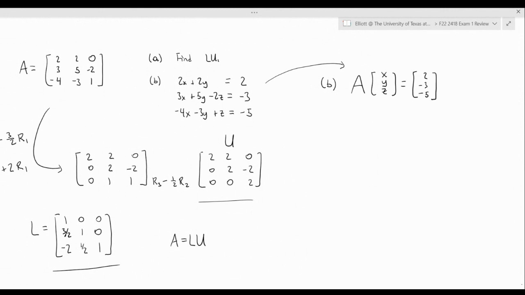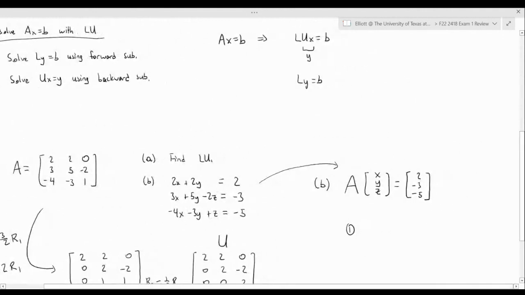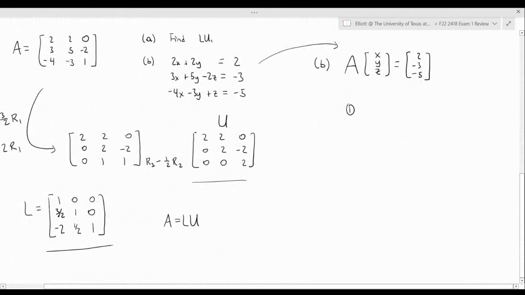There's two parts to this. The first thing we're going to do is solve Ly equals b using forward substitution. So for L, I'm just going to copy down the lower triangular matrix that we found earlier, times y.